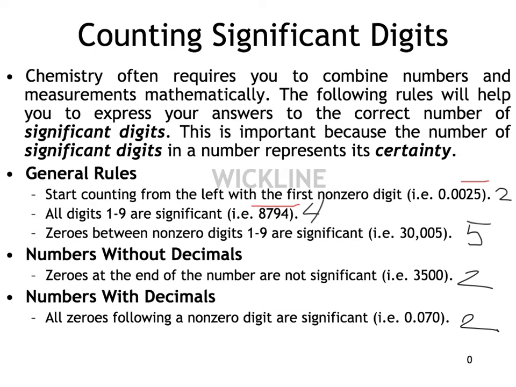For the third one, the 3 definitely counts and the 5 definitely counts, and the zeros in between also have to count because the 3 and the 5 count. For this number, it's only the 3 and the 5 because the 2 zeros don't count if there's no decimal. And for this one, it's the 7 and the 0. The 7 obviously counts because it always does, and then this 0 will count because it follows the 7, and there's a decimal there.